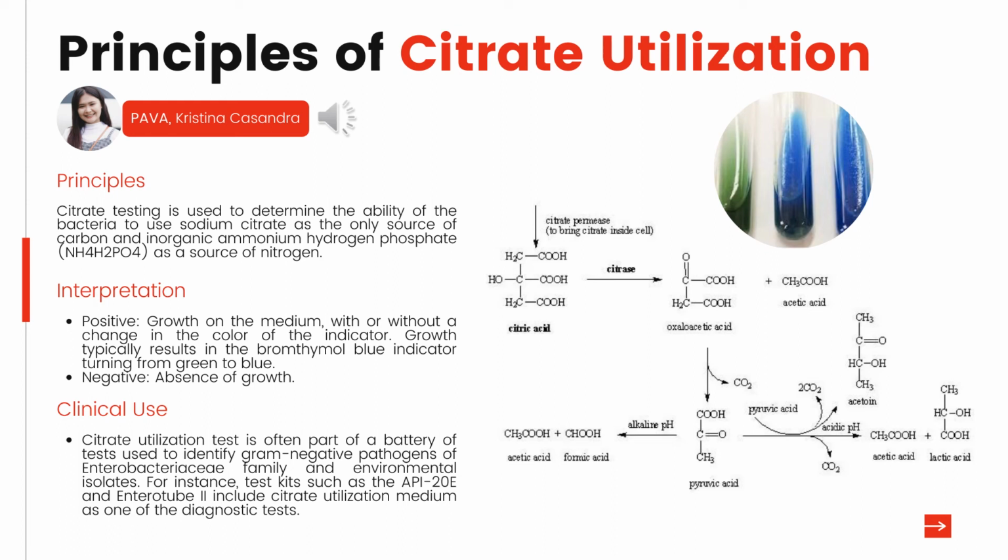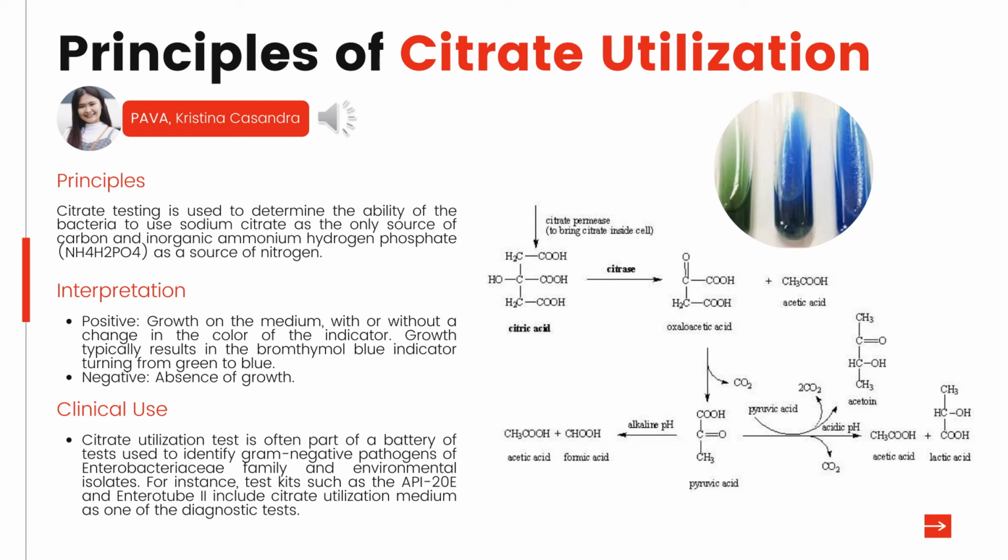So the utilization of exogenous citrate requires the presence of citrate transport proteins or permeases. Upon uptake by the cell, citrate is cleaved by citrate lyase to oxaloacetate and acetate. The oxaloacetate is then metabolized to pyruvate and carbon dioxide. Further metabolic breakdown is dependent upon the pH of the medium.